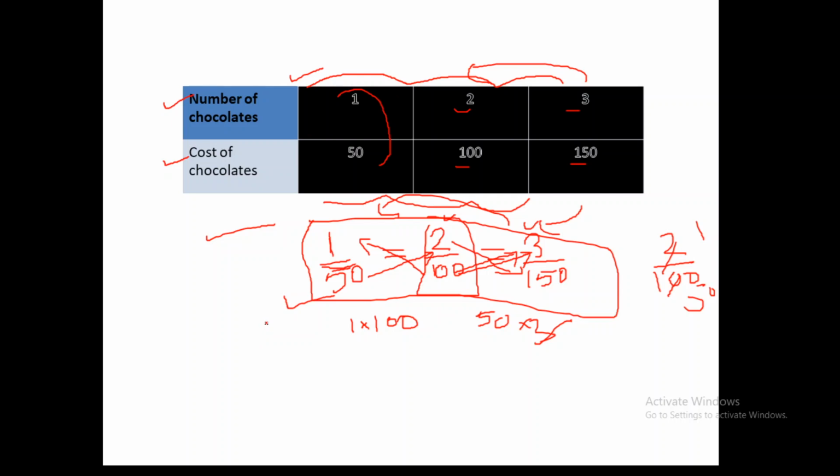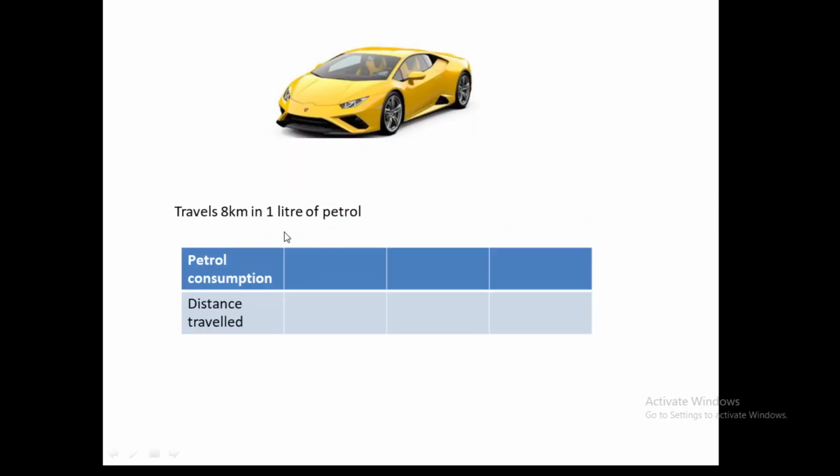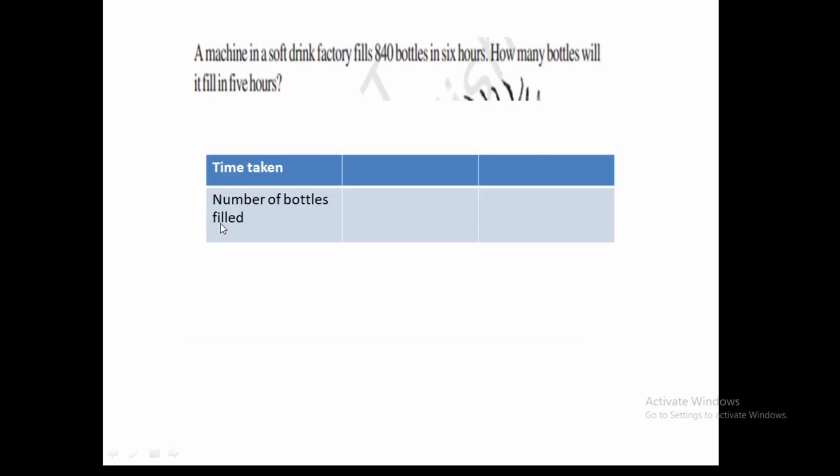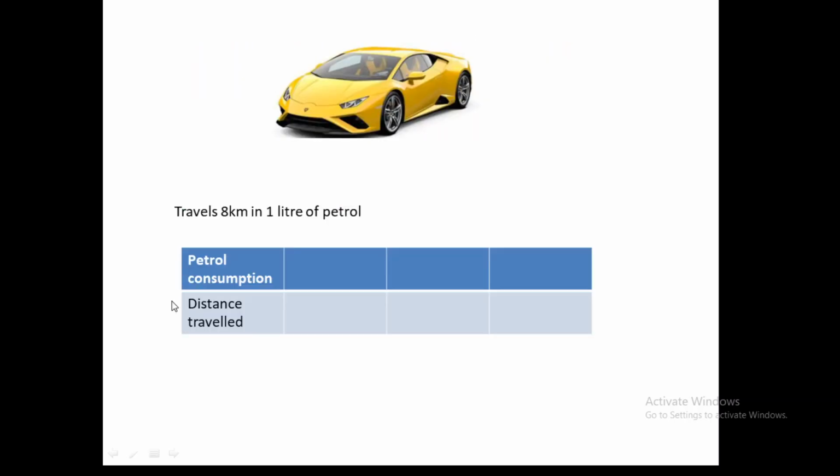We discuss one more example. Look here. This car travels 8 kilometers in 1 liter of petrol. So petrol consumption is 1 liter, then it covers 8 kilometers.